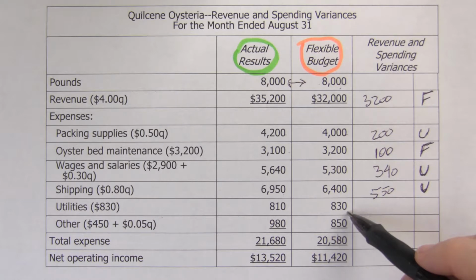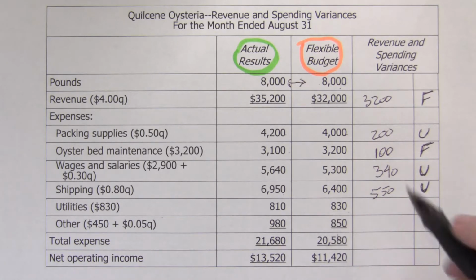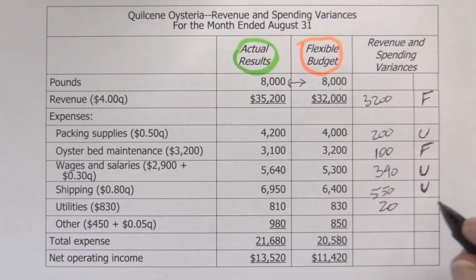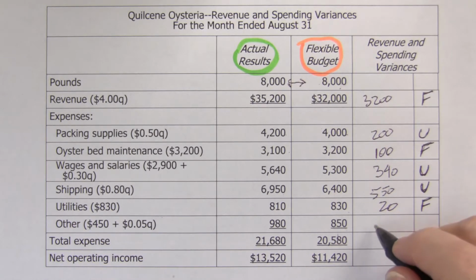For utilities, we expected to spend $830. We spent $810. We spent $20 less. That's favorable. And I love the other category. I hate when clients use the term other or miscellaneous or assorted. But we expected to have $850 in other expenses. We had $980. That's $130 more than we expected.